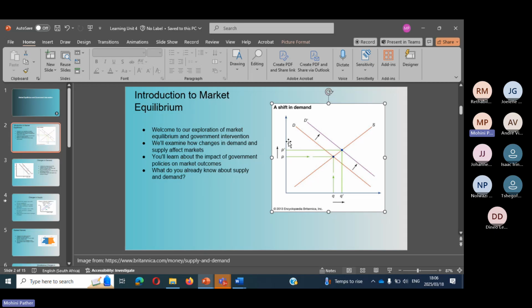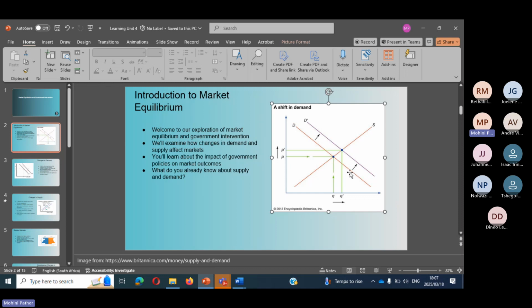The law of demand indicates that the lower the price of something, the more consumers will demand, whereas obviously the law of supply indicates the opposite. The higher the price, the more producers want to supply to the market.